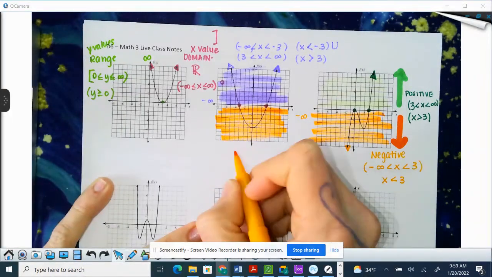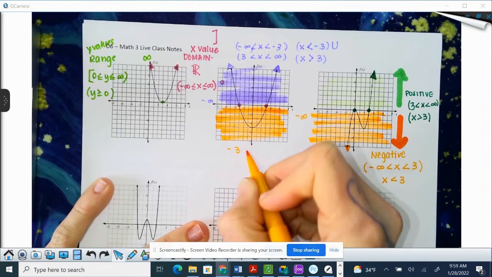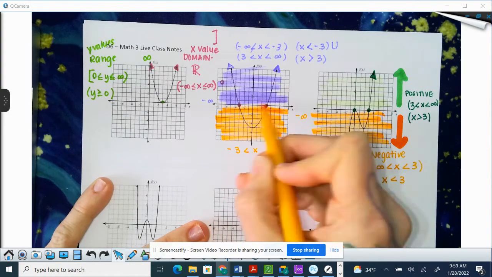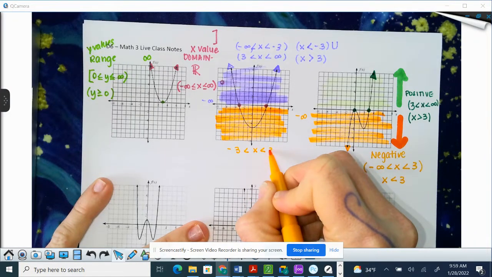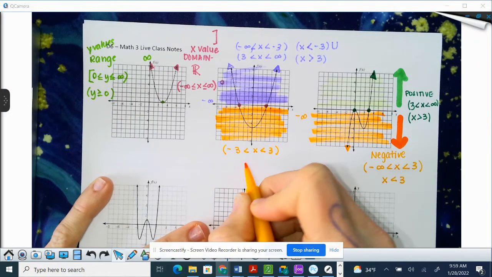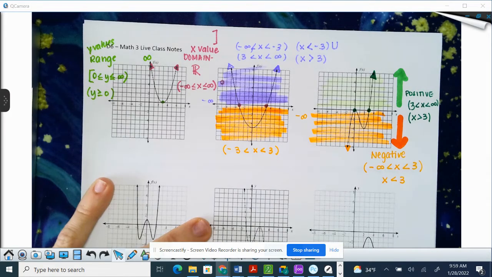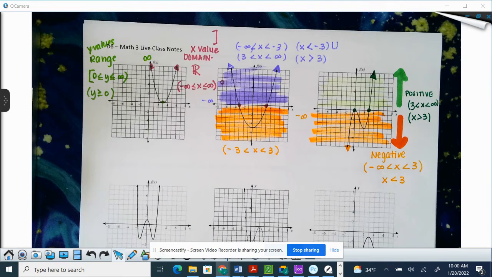So from negative 3, going to the right, x is greater than negative 3, to positive 3. Actually, I think that is the only way you can write that one. You can't write it the other way because it's in the middle between those two numbers where it's negative. So positive and negative, you're just looking at the top of the graph, so quadrant 1 and quadrant 2, and then negative is going to be quadrant 3 and quadrant 4.